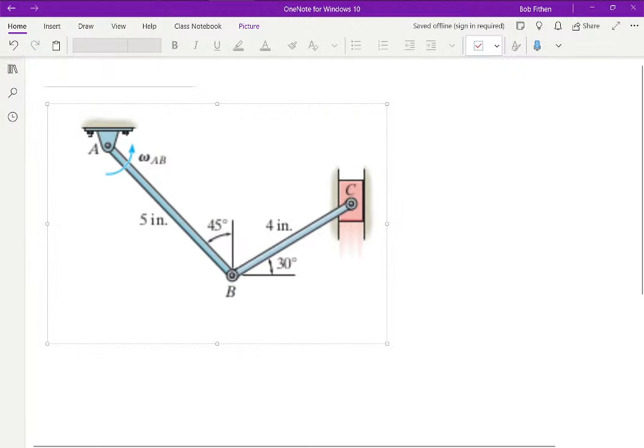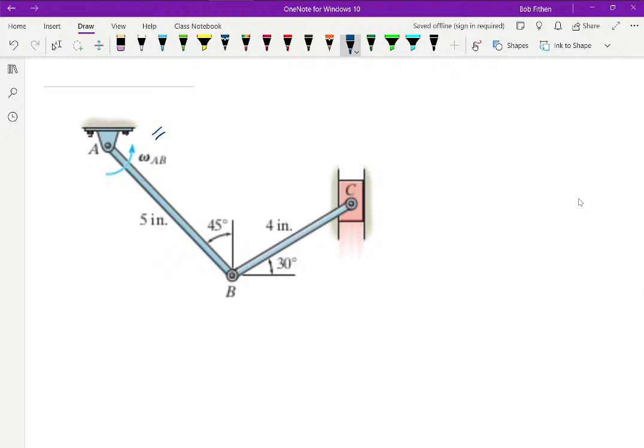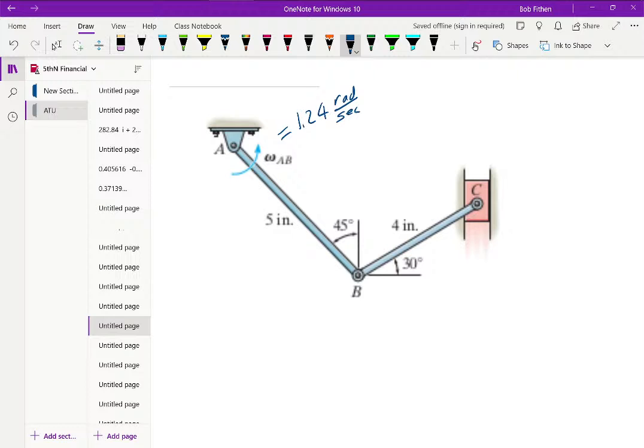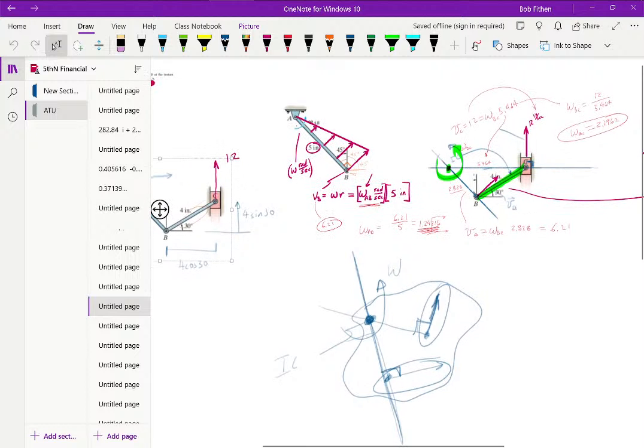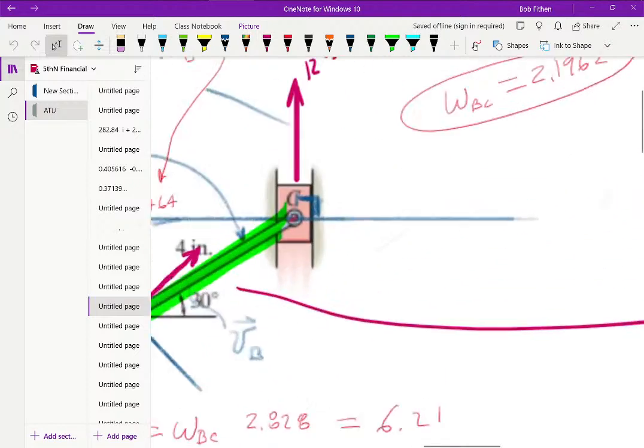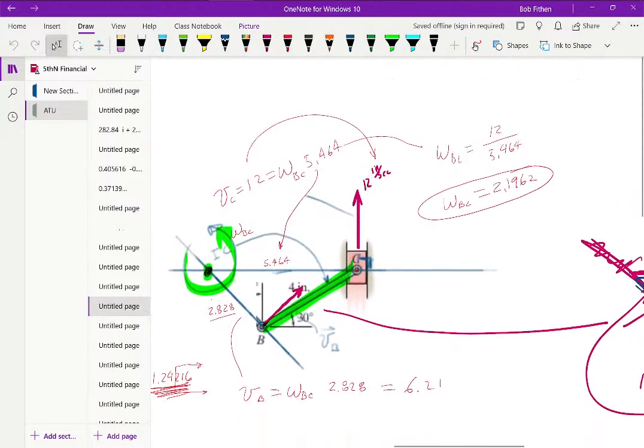So I think what we found was omega was equal to 1.24 radians per second. Maybe I should go back to the picture that I had a second ago. Okay, so what we ended up finding was that omega BC is rotating that way.